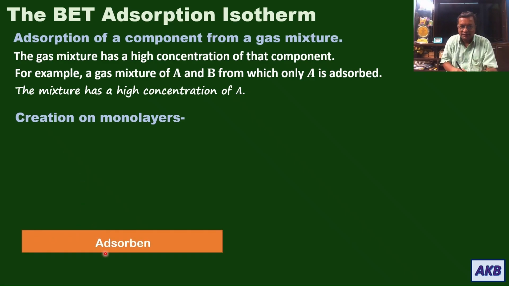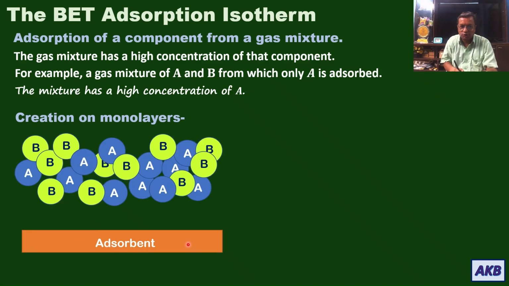So for that, let this be the adsorbent, and now it is contacted with the gas mixture of A and B. Now we know A is going to get adsorbed on it.